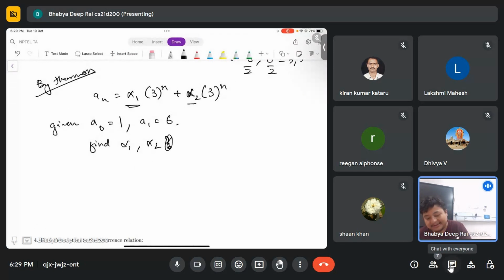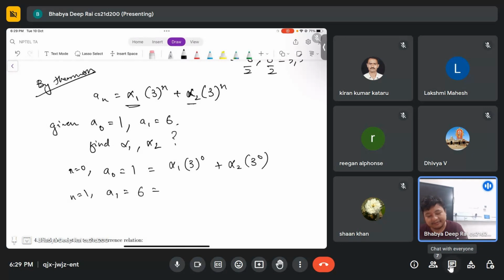Or to make matters simpler, when n equals 0, you have a_0 equals 1 equals alpha 1 times 3 to the power 0 plus alpha 2 times 3 to the power 0. And a_1, meaning n equals 1, is equal to 6 as given in the question: alpha 1 times 3 to the power 1 plus alpha 2 times 3 to the power 1.